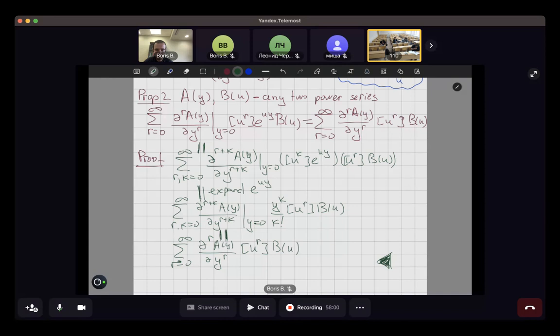Окей, ну понятно ли утверждение? Здесь подразумевается с правой части, что когда говорится, что коэффициент при x в степени m у какого-то выражения, подразумевается, что вы обратили x от z и сказали, что z от x у вас есть формальный ряд.